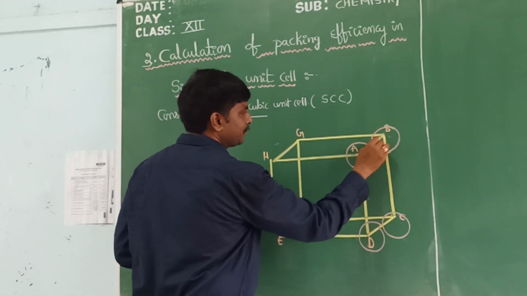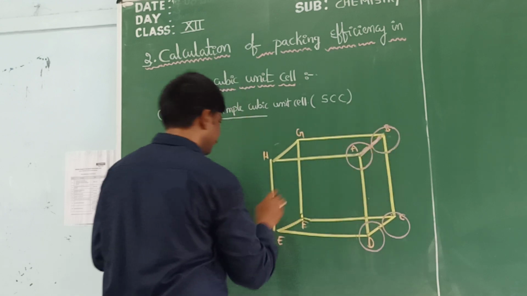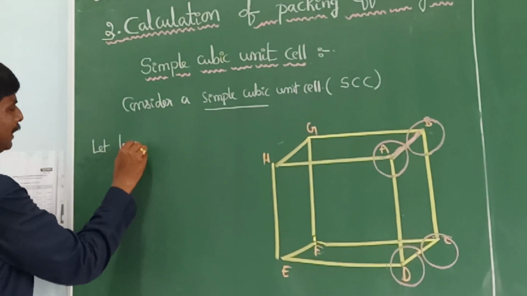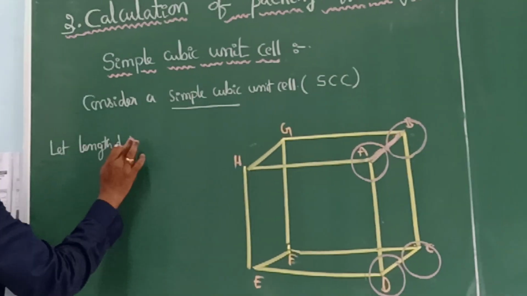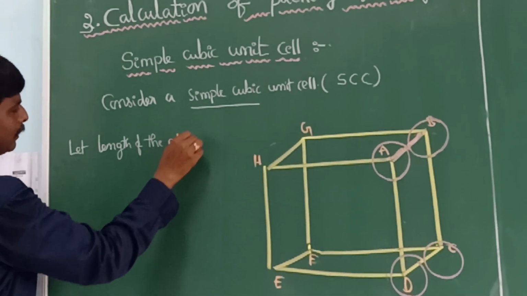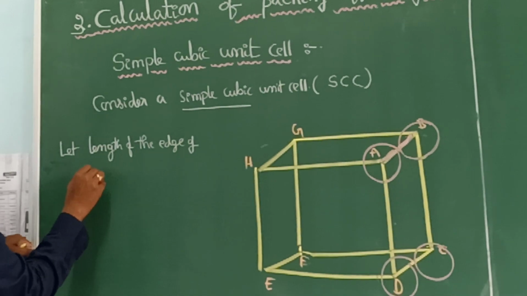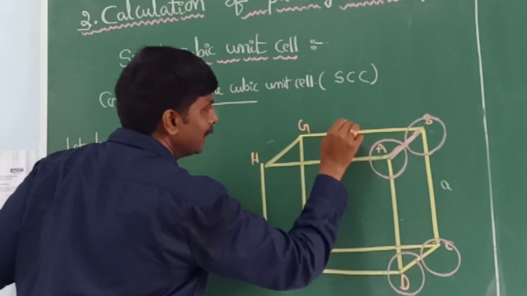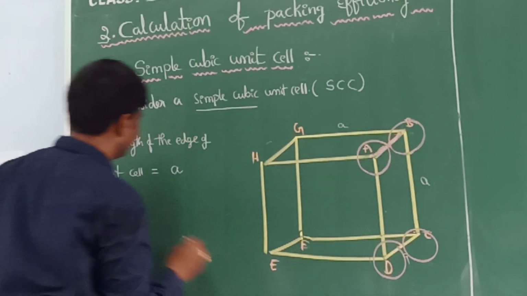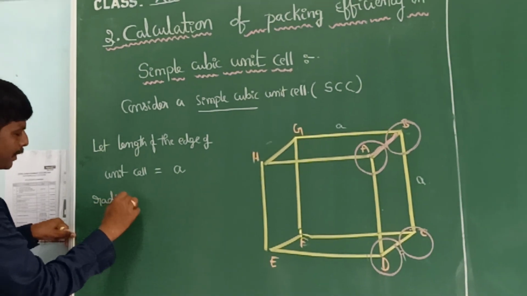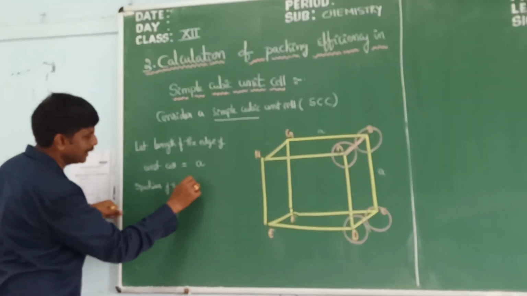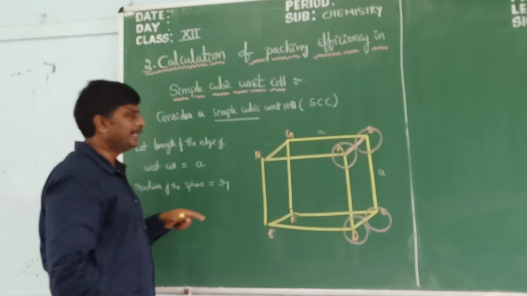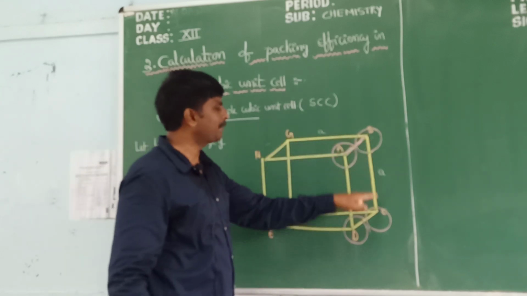So here, as in the previous case, let the length of the edge of the unit cell be A. This length is A, this length is A, total length is A. And the radius of the sphere is R. Because it is a simple cubic system, spheres are present only at the corners.